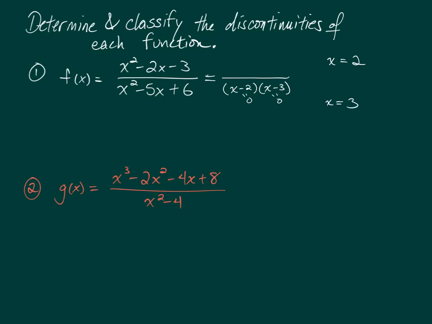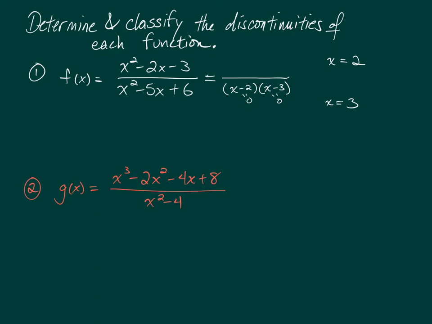Now the defining difference between whether a discontinuity is removable or non-removable is what happens when you take the limit at these particular values where discontinuities happen. If the limit of a function as x approaches a discontinuity exists, then that number represents where a removable discontinuity happens.